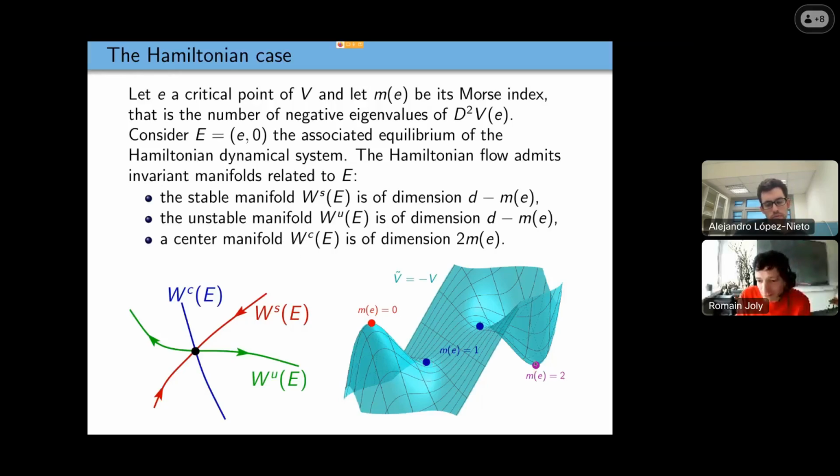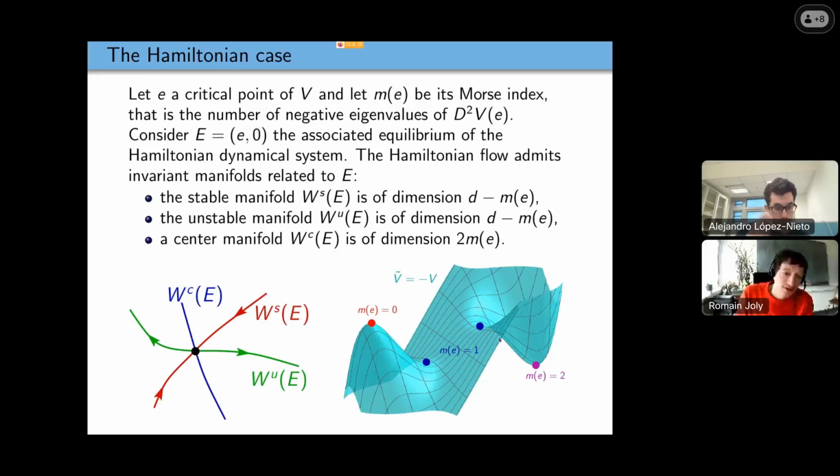Okay, and if you have a locally really stable equilibrium for your PDE, so a local minimum of the potential, then you have no stable and unstable manifold, and actually you just have a center manifold, which is like a torus of solutions just rolling close to this equilibrium point.